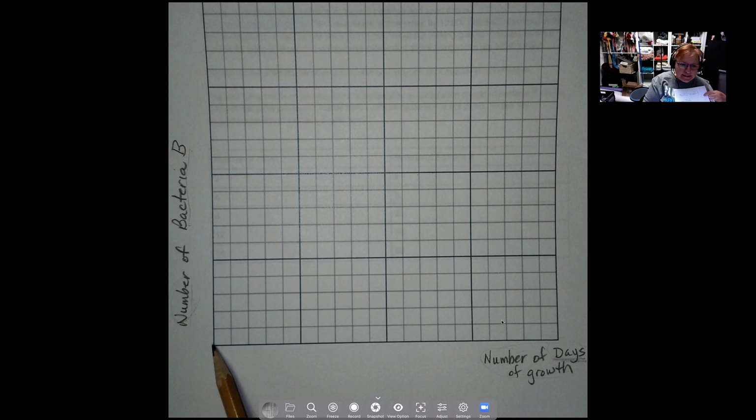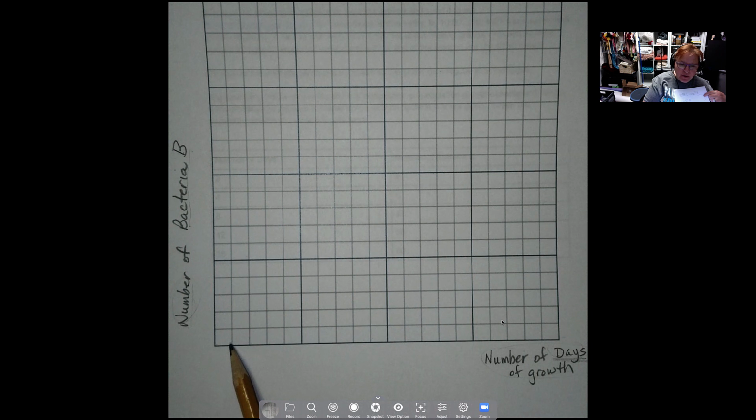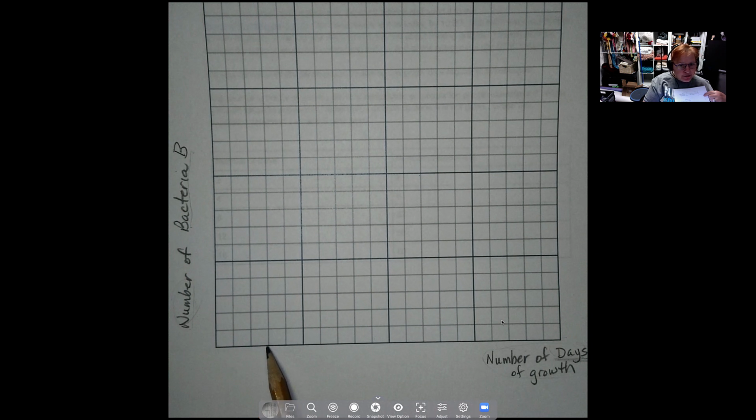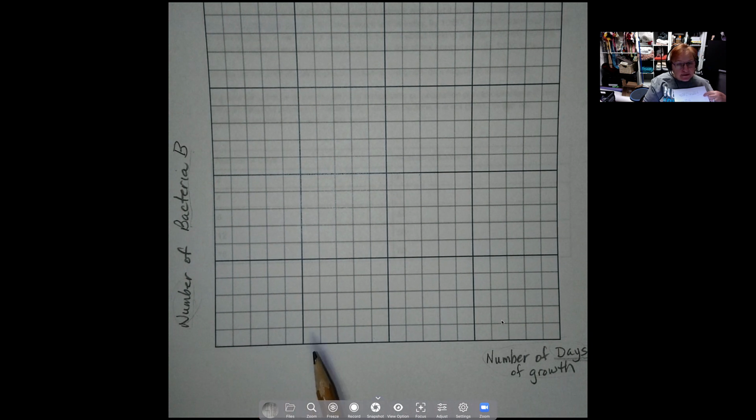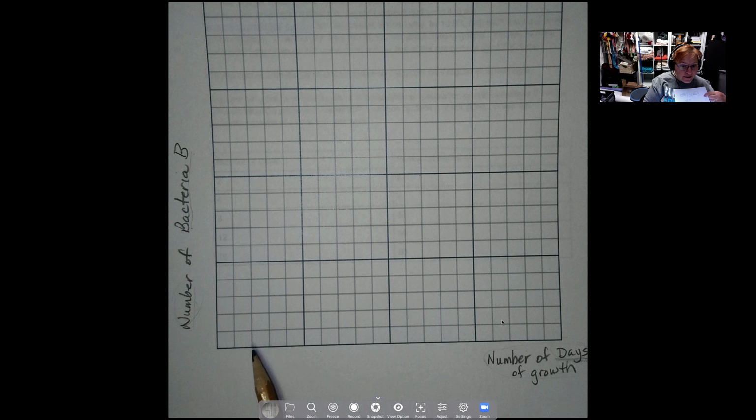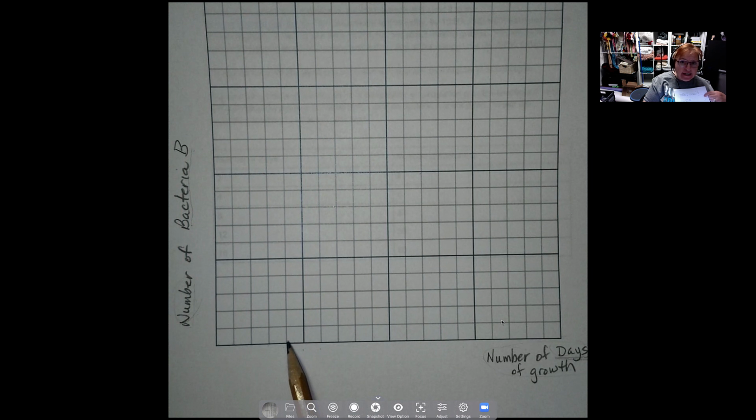So if I say 0, 1, then that means I just jumped by 1. That makes this 2 and 3 and 4 and 5 and 6, etc. Or if I said 0, 2, then that one's going to be 4, and that's going to be 6 and 8 and 10. These grid lines, your scale is what it's called, need to be consistent.